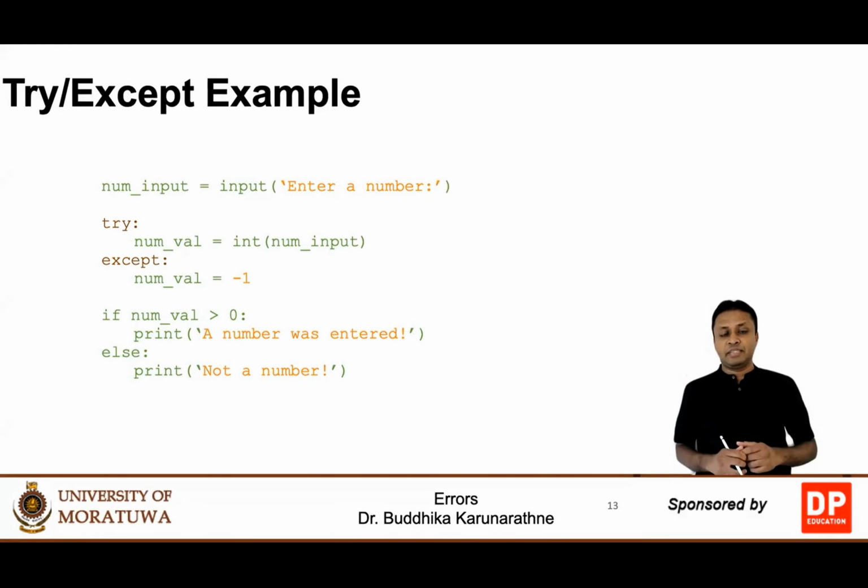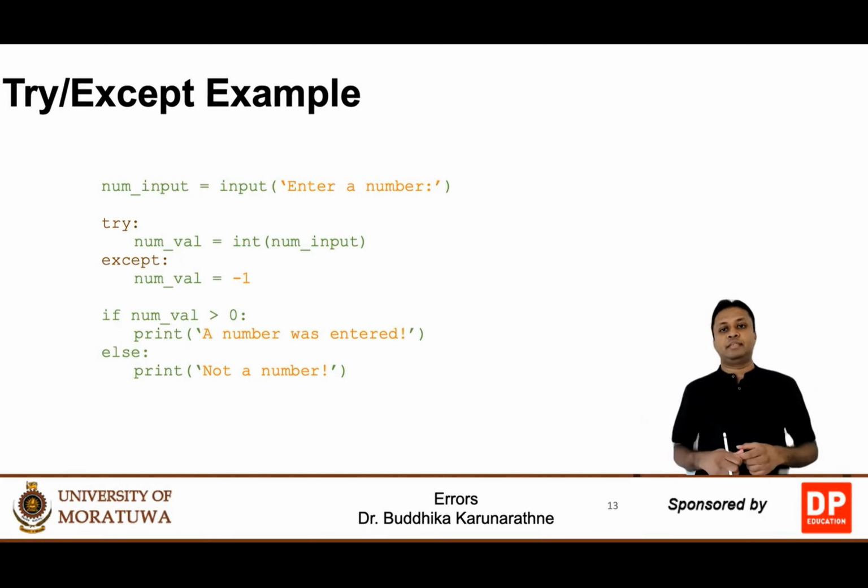Why does it become risky? Because we cannot guarantee that the user will provide a number. For example, the user can provide a string or just input nothing at all. So in such case, the program will have a problem converting anything other than a number to integer.